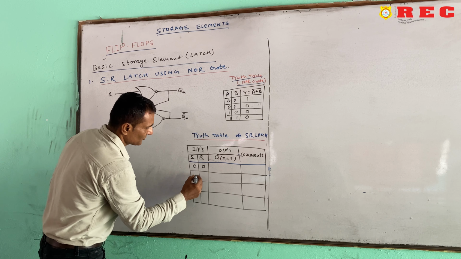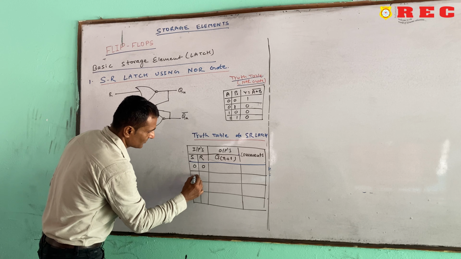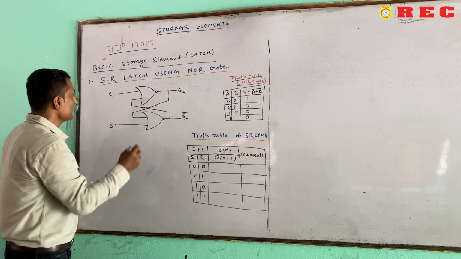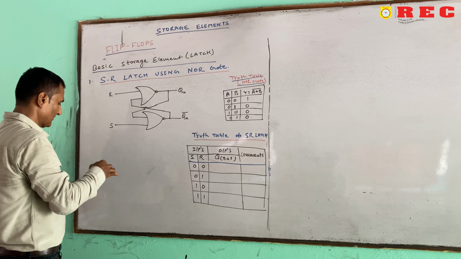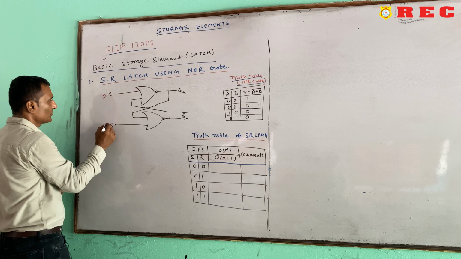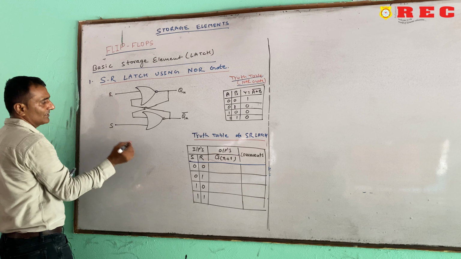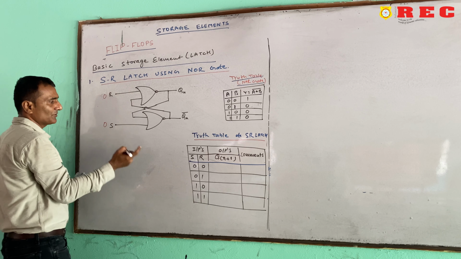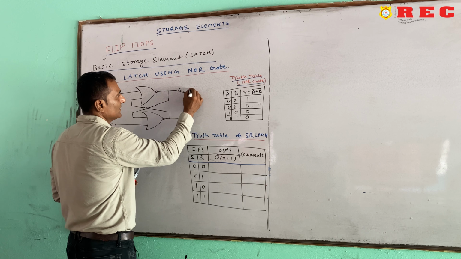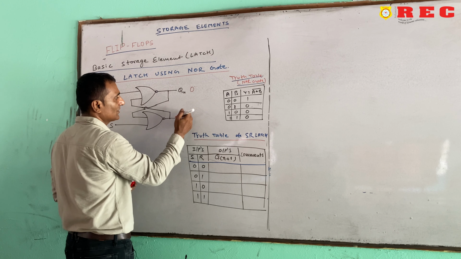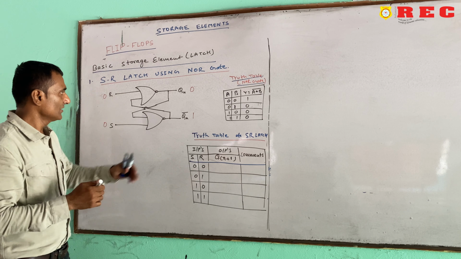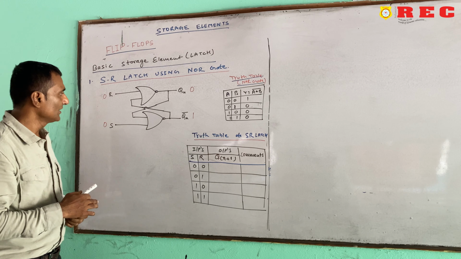So, I am writing S R as 0 0, 0 1, 1 0 and 1 1, there are 4 conditions. When S is equal to 0 and R is equal to 0, suppose we assume Qn is equal to 0, then Qn complement will be 1, because they are the opposite of each other.